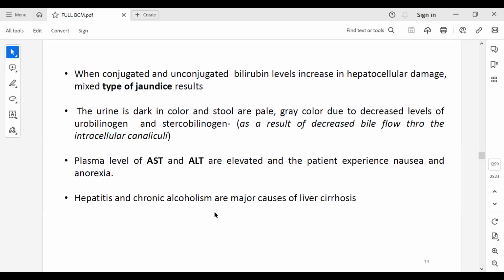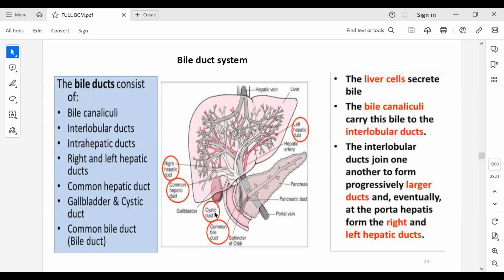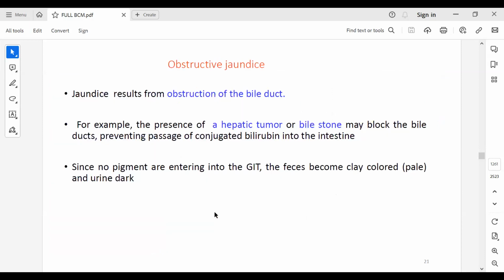You can also have a mixed type of jaundice in this case. Plasma levels of AST and ALT are also elevated, and the patient also experiences nausea, anorexia, and tiredness. Hepatitis and chronic alcoholism are the major causes of liver cirrhosis, which can lead to this hepatocellular jaundice.